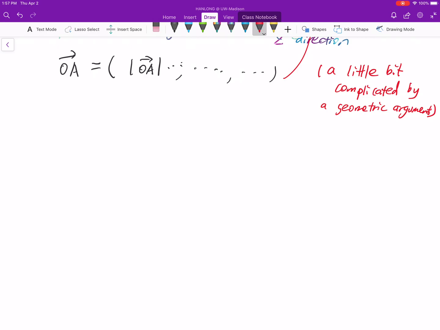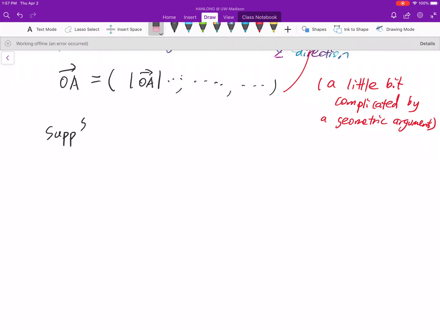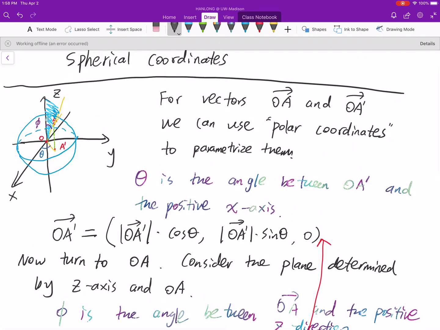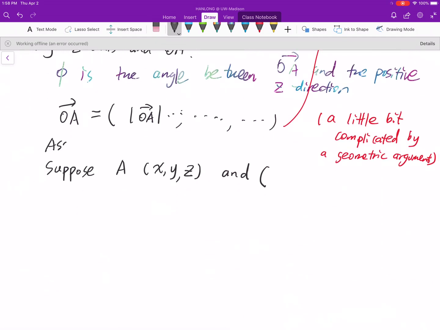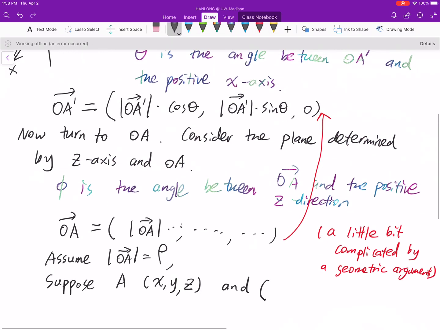Okay, then what do we have? We set up carefully. Suppose A has coordinates x, y, z. Here we assume the length of OA is rho, the third parameter.